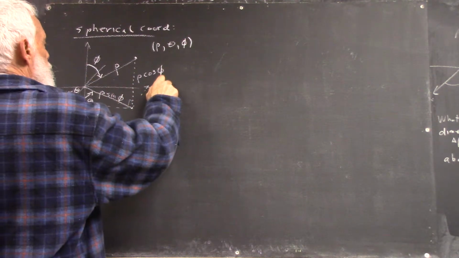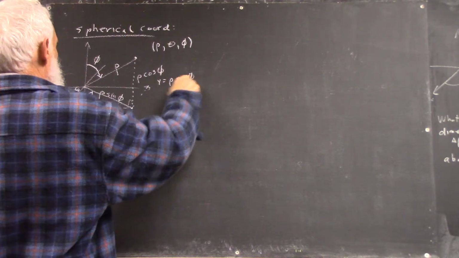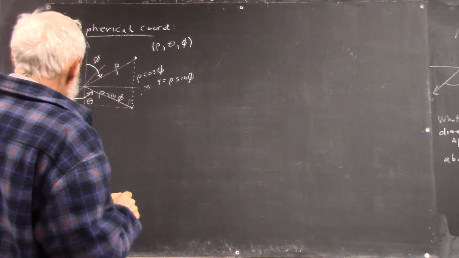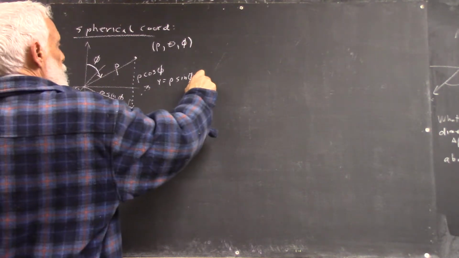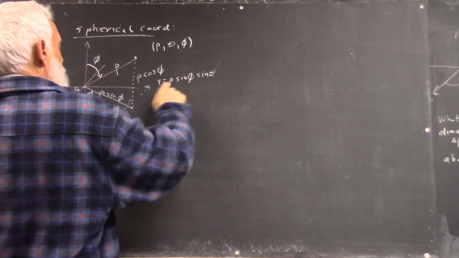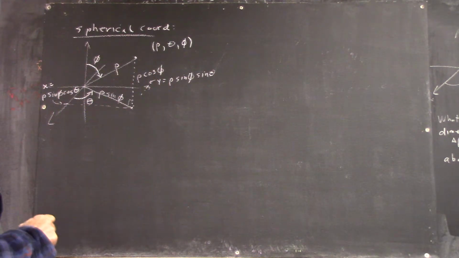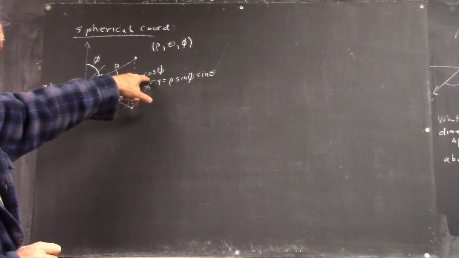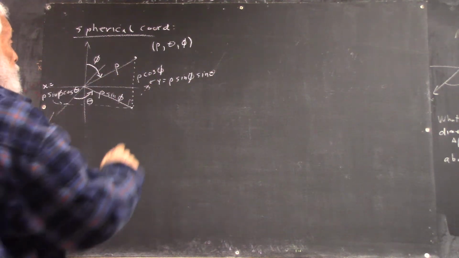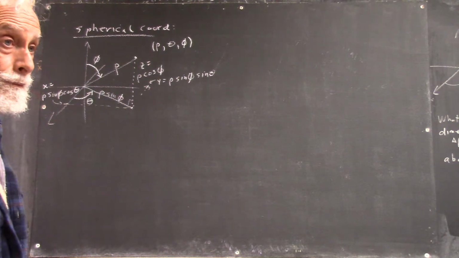Your y coordinate is rho sine phi, again, same triangle, but now you're looking at this side of the triangle, and that would be rho sine phi sine theta. So there's your y coordinate. And what's your z coordinate? Well, your z coordinate is how far you are above the xy plane. So that is z. Okay?